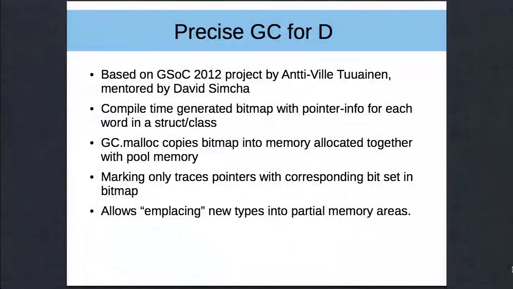This is based on the Google Summer of Code project by Antti Villeträinen, which was mentored by David Simcha. It generates at compile time a bitmap of pointer fields for each struct or class, and the GC malloc operation copies this into some extra memory alongside the pool.